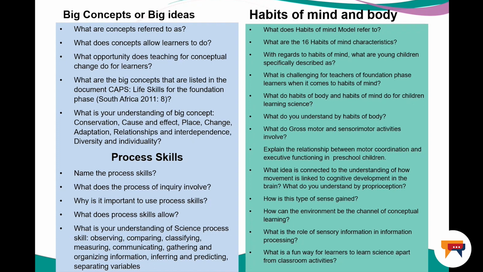And then we look at habits of body. Remember, the habits of body is very important. It basically connects understanding with movement, and it's linked to cognitive development in the brain. Young learners learn science not only through formal settings such as classroom activities, but also through play. During play, children will move their bodies, they will explore the environment.